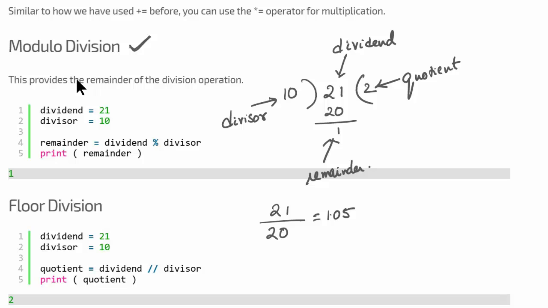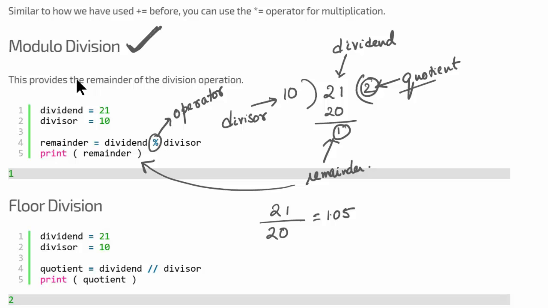But what if you want the quotient and the remainder? There are two operations for that. One is the modulo division. The sign for that, or the operator for that, is this, and what it returns is the remainder. So if you want the remainder, use the modulo division operator.